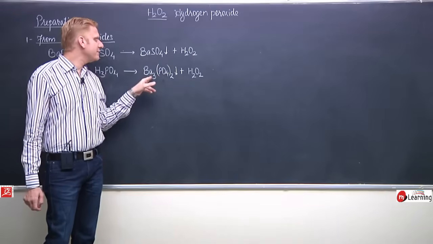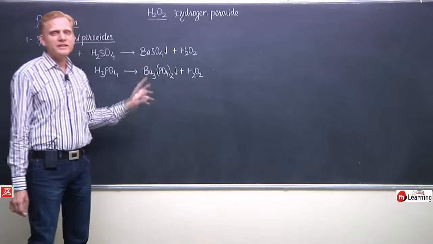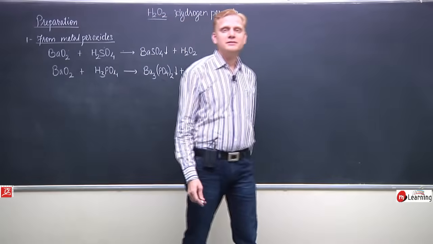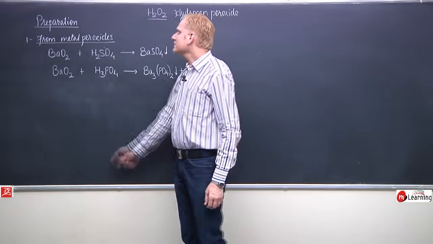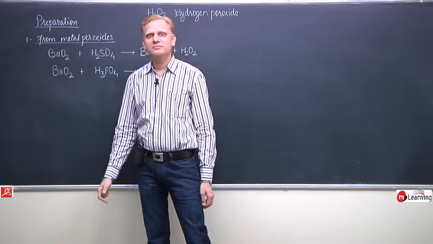So barium ions can be separated only when they are in the form of phosphate, not in the form of sulfate.